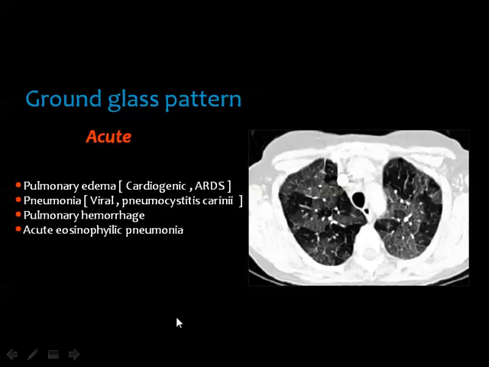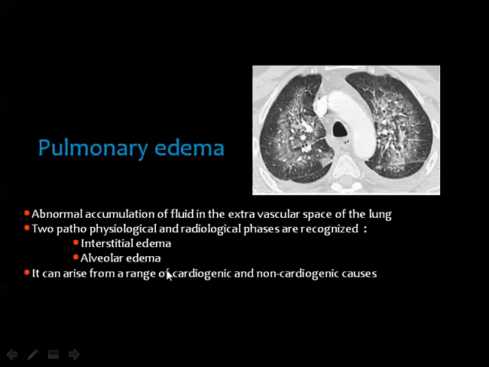Then, if you see a ground glass pattern alone, and the presentation of the patient is acute, then you know the possibilities are pulmonary edema, either cardiogenic or acute respiratory distress syndrome, viral pneumonia or AIDS-related pneumonia, pulmonary hemorrhage, or acute eosinophilic pneumonia.